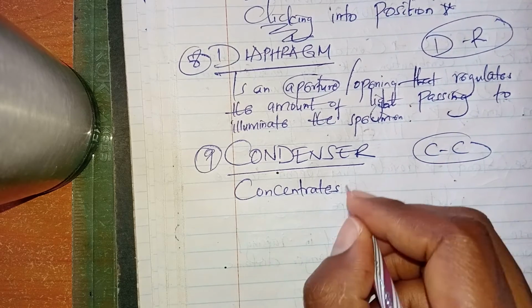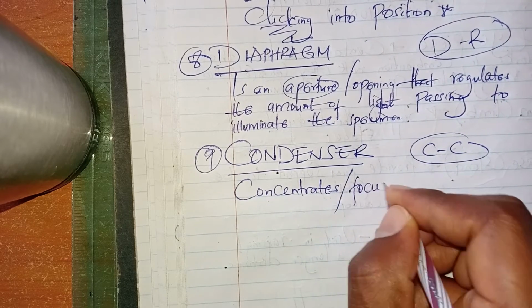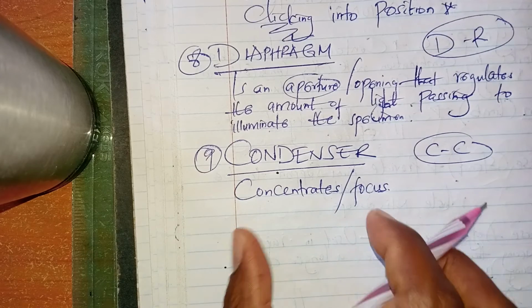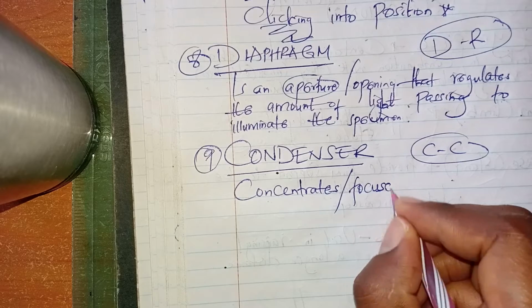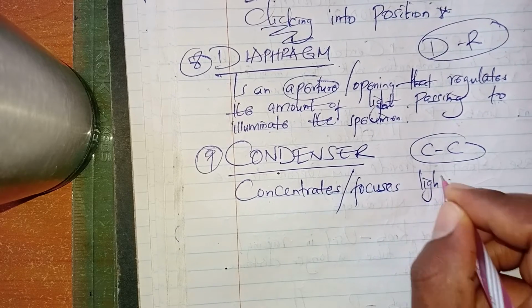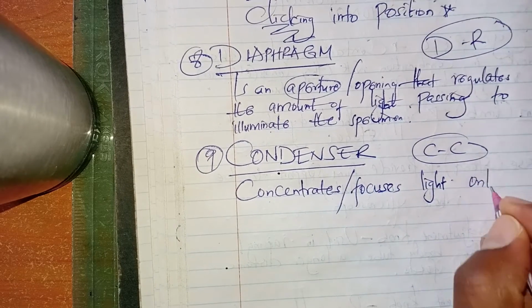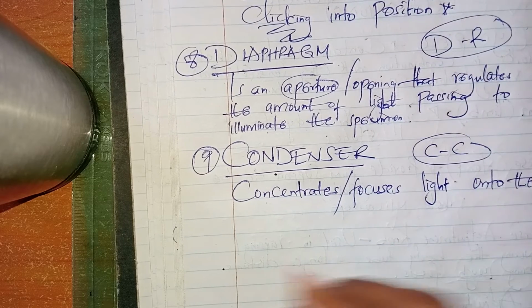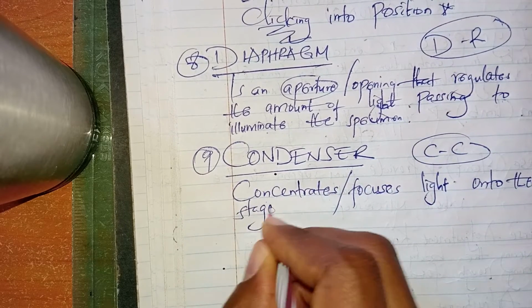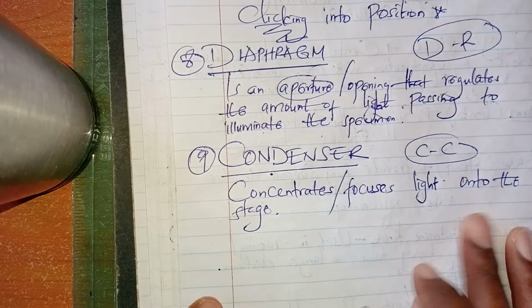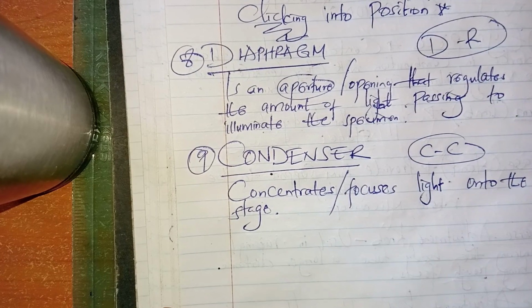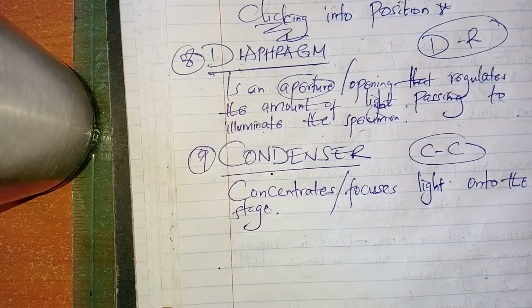To concentrate is to focus, to make sure that the light is concentrated onto the stage. So when this light has been focused, then that light can be used effectively in illuminating the specimen.